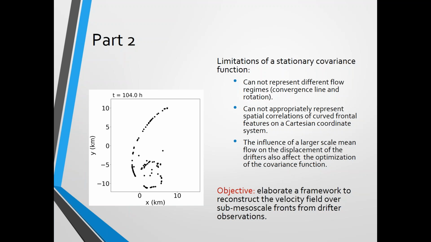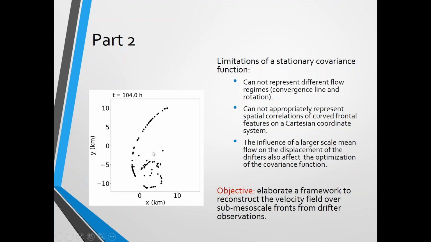So if you have a feature that has a curvature, which is going to induce correlations in both directions, at this part I would expect the correlations to be stronger along the alignment and smaller across the lines. But if you optimize the velocity scales in a Cartesian coordinate system, you're going to have correlations in both directions.